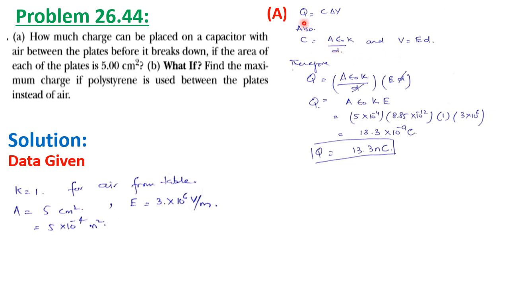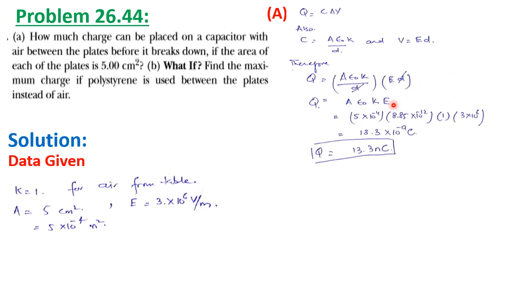Because I have to calculate Q, for that I must know C, I must know delta V. Therefore, I can find Q by putting the value of this C over here and V over here, and I'll simplify it.